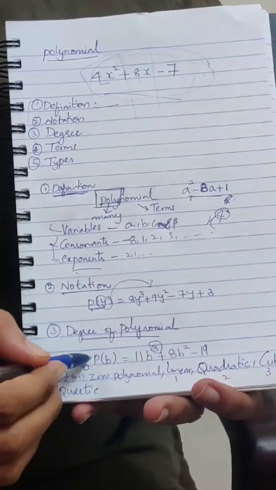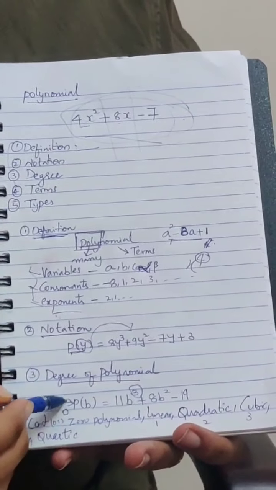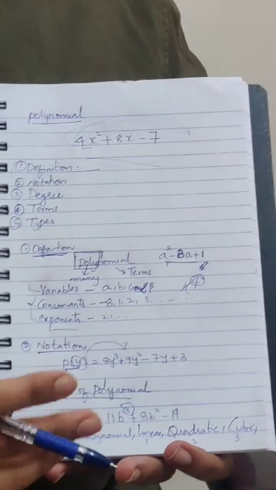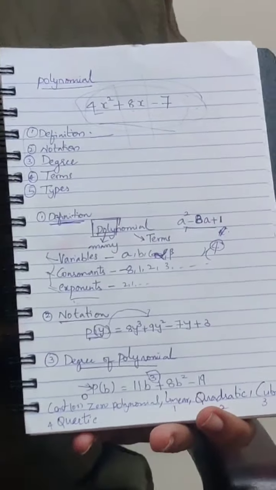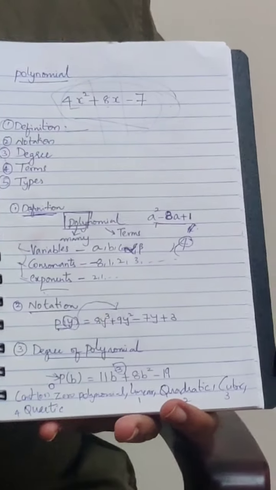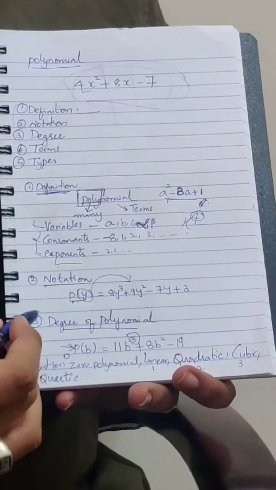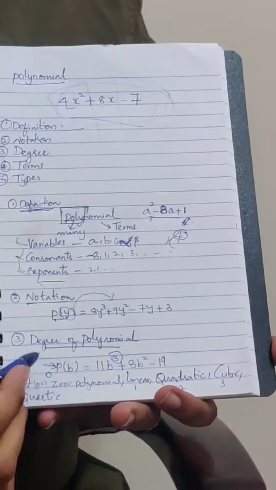So the degree of this polynomial is 3. For any expression, the highest exponent power is called the degree of the polynomial.